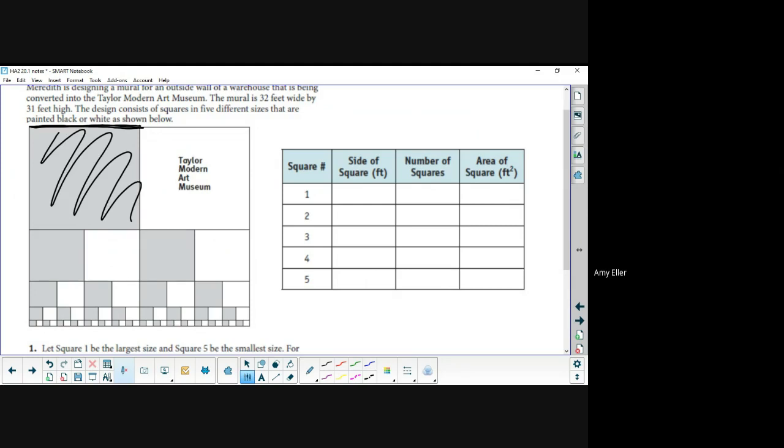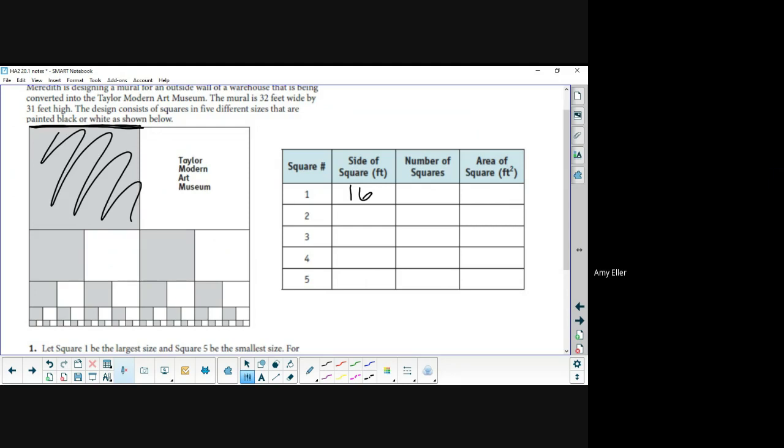You said 8. Sorry, I'm just getting on the same page as you. There we go. Okay, so this side of the square is 16.